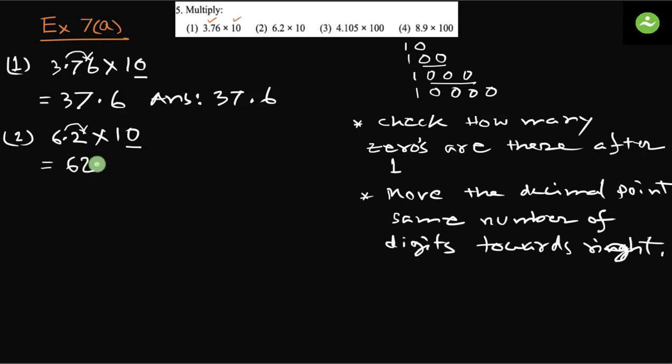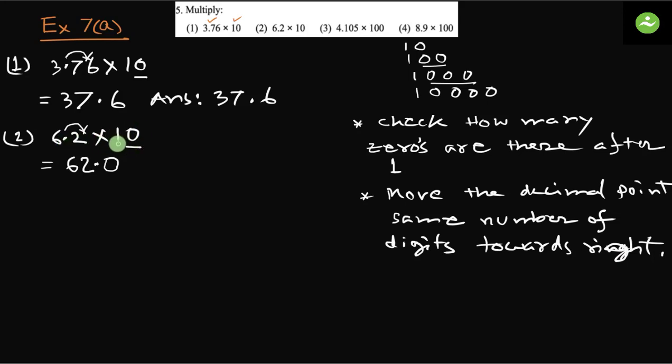So we move the decimal point by 1 digit, and then you have to put a 0. Otherwise, it doesn't look good. So 62.0.